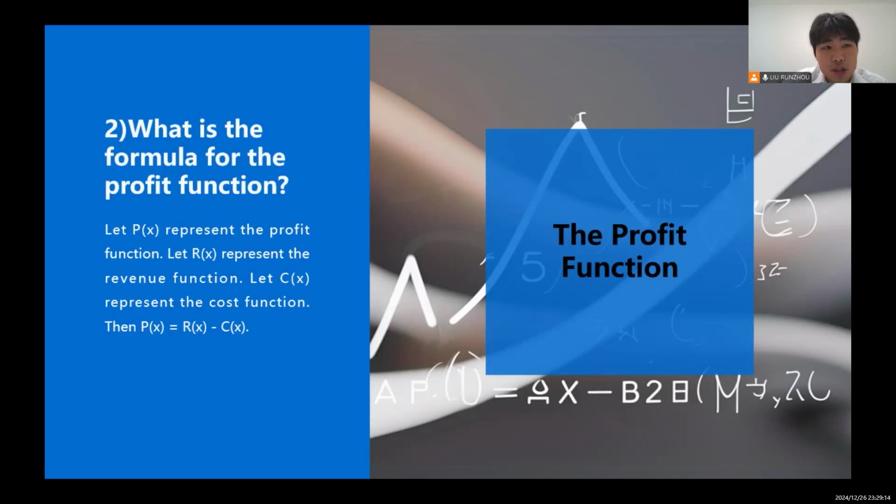Well, the second question is, what's the formula for the profit function? We can let P(x) represent the profit function, let R(x) represent the revenue function, and let C(x) represent the cost function. Then P(x) equals R(x) minus C(x).